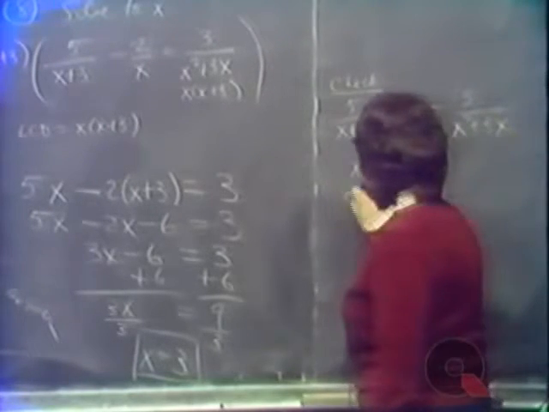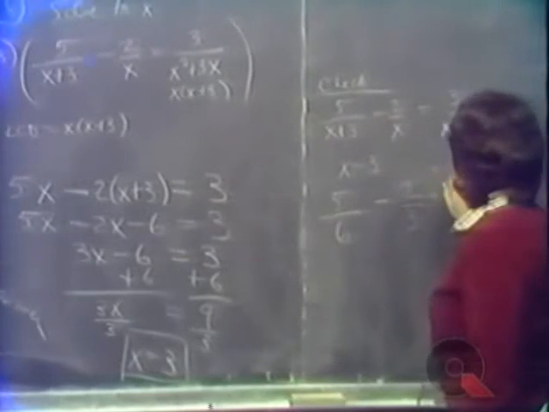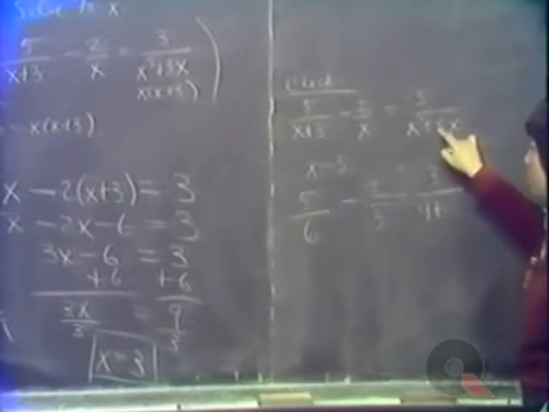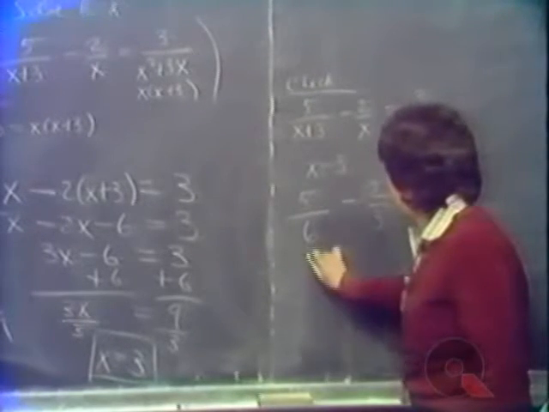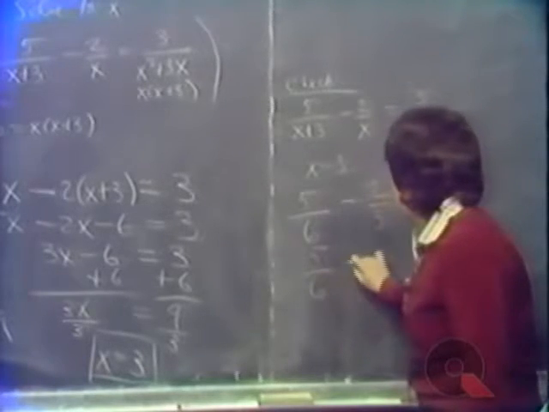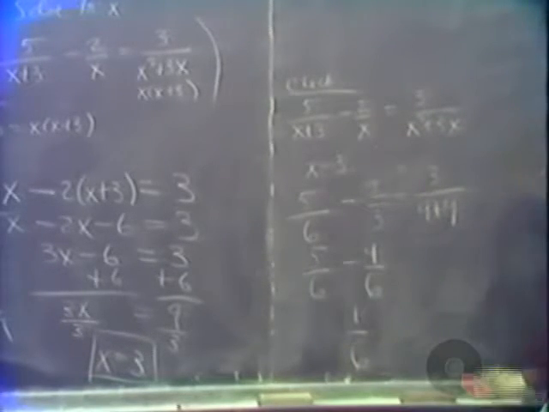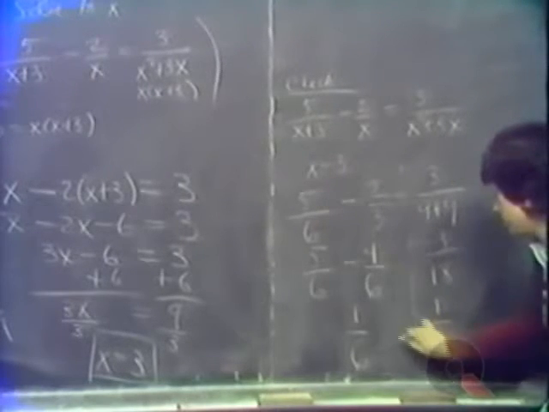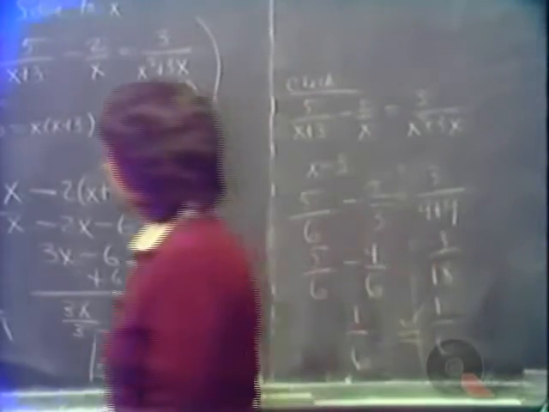So we get 5 over 3 plus 3, or 5 over 6, minus 2 over 3 should be equal to 3 over 3 squared, that's 9, plus 3 times 3, which is 9. Here we have 5/6 minus 4/6, or 1/6. And on this side we have 3 over 18, which of course is also 1/6. So it does check out. x equals 3 is the answer in problem 8.